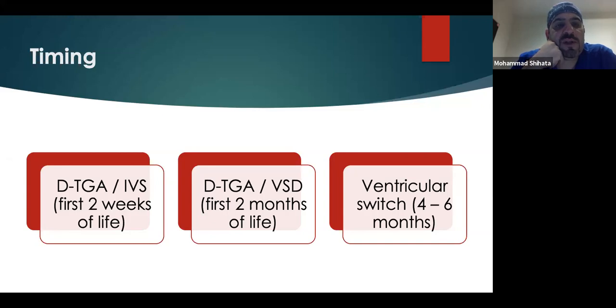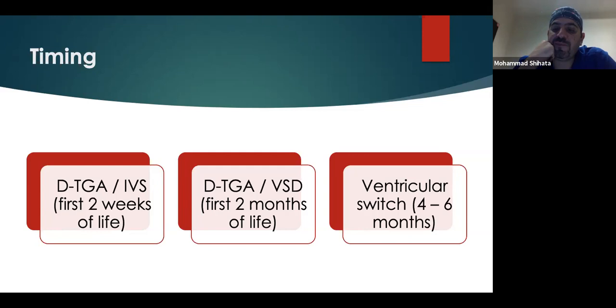But if the pulmonary vasculature is subjected to fully saturated blood for too long, then that, along with the volume overload, accelerates the risk of developing pulmonary vascular disease and some degree of irreversible pulmonary hypertension, even if you do the repair. And it's not uncommon for d-TGA with a large VSD to have irreversible pulmonary hypertension, even if repaired at 6 or 8 months of age. So preferably you don't want to wait that long, and you want to do it in the first 2 months of life.